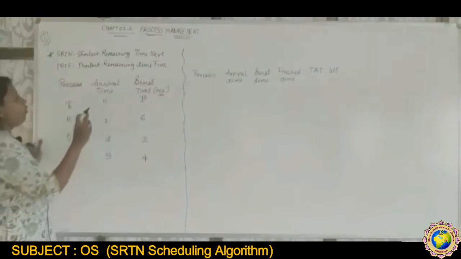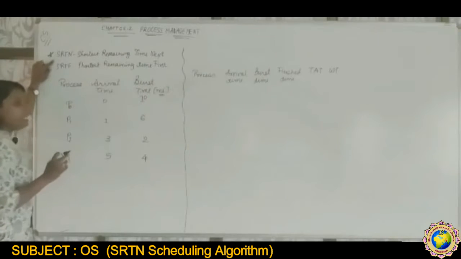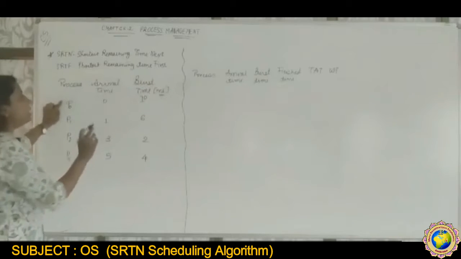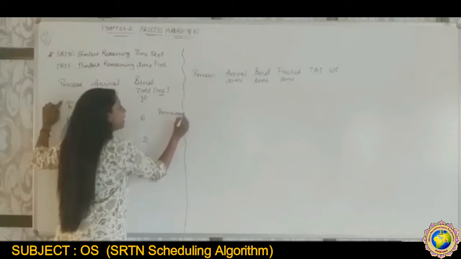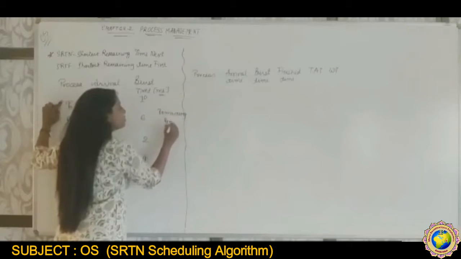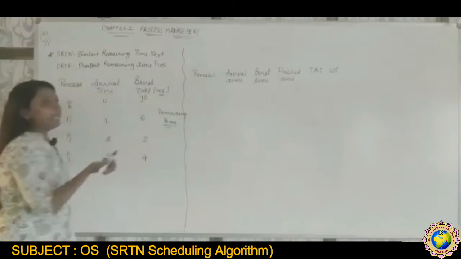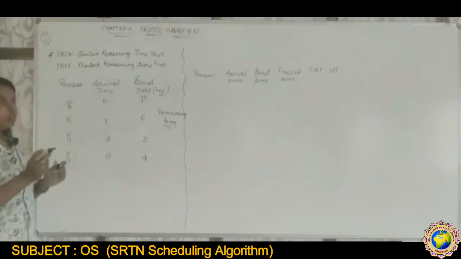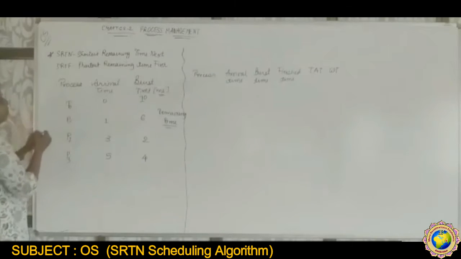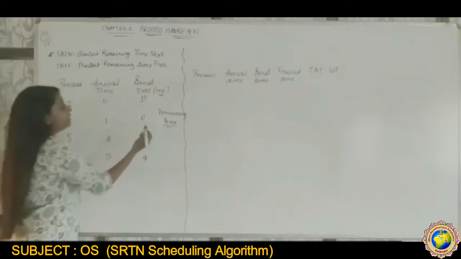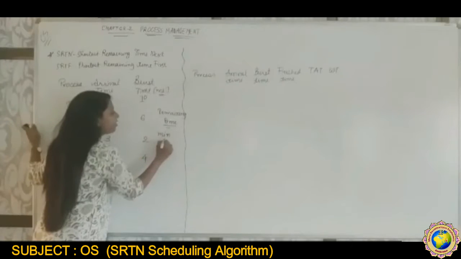Okay. So what we have to do in SRTN is consider the remaining time; the shortest remaining time will be executed first. So how to perform that? First we have to consider the minimum arrival time.